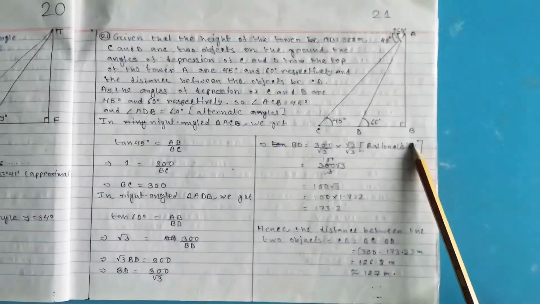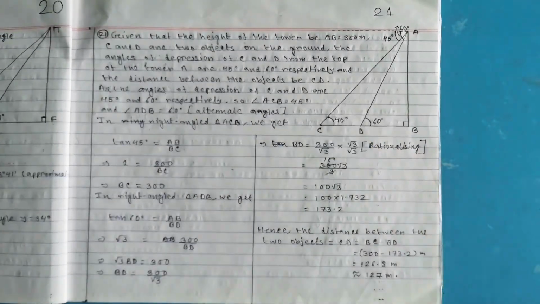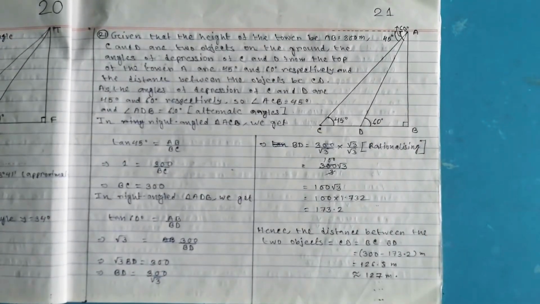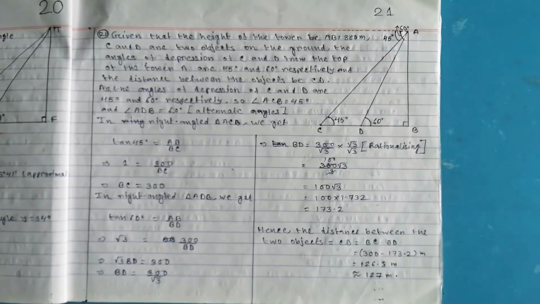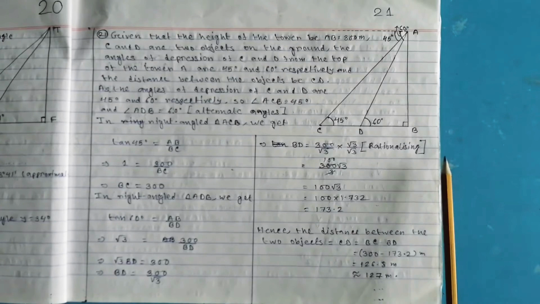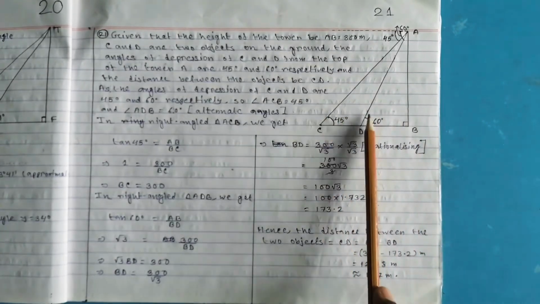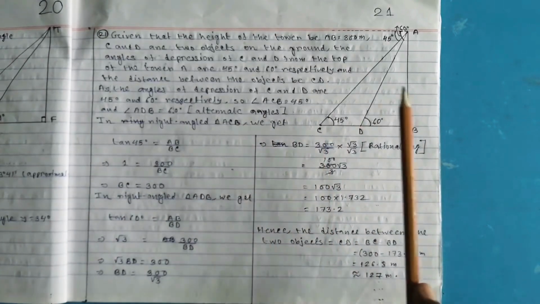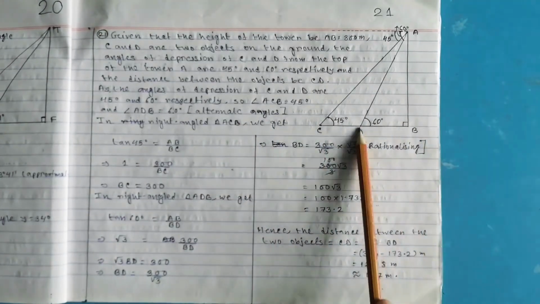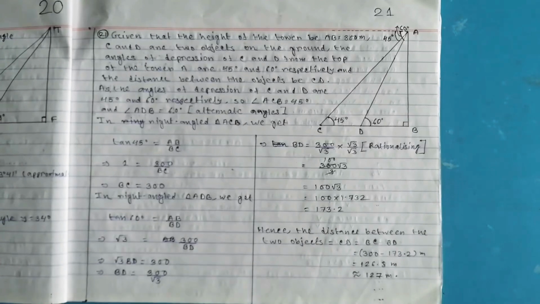On the same side of AB, C and D are at the same side. If it is on the left side, so these two objects will be on the left hand side. If you draw on the right hand side, then both the objects will be on the right hand side. Choice is yours.